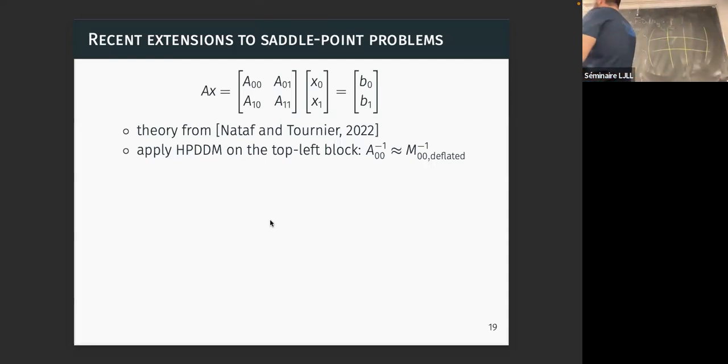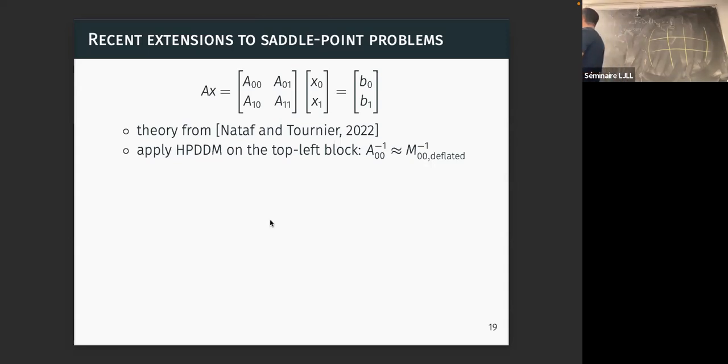And so more recently, in fact, a couple of months ago, we also extended the library HPDDM to handle systems of saddle point problem. So the theory is from a paper by Frédéric, Nataf, and Pierre. And so again, all this is quite technical, but what's important to keep in mind is that everything is hidden to the user.